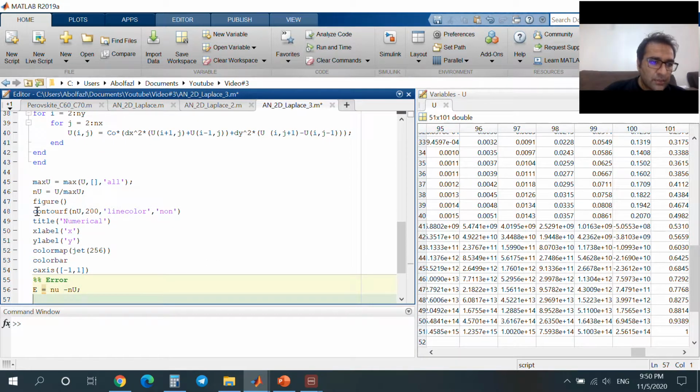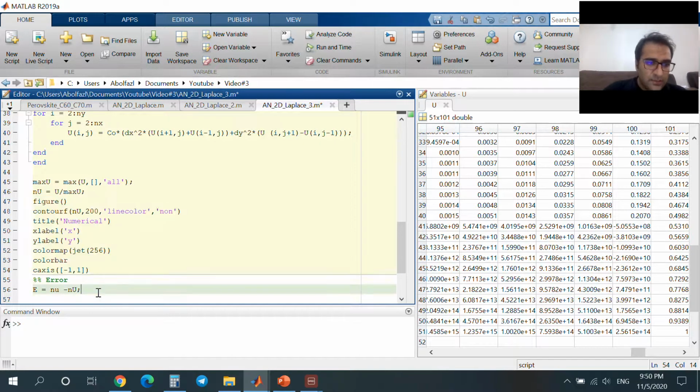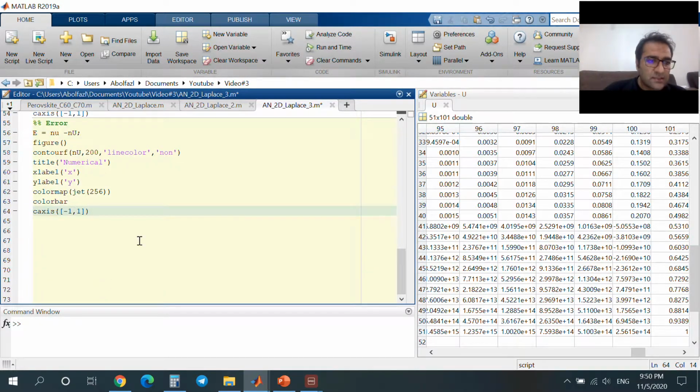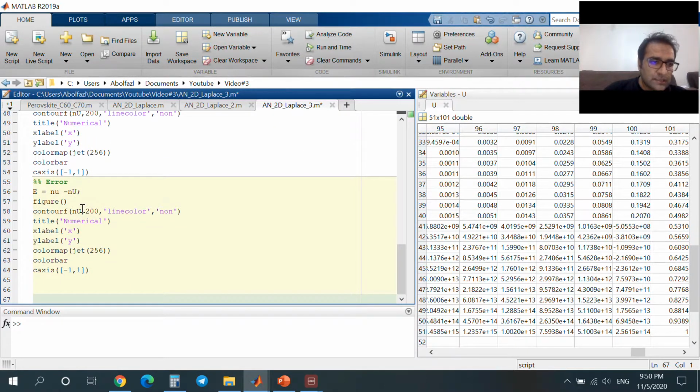This is my error, and I'm using again the same commands for plot. I copy it and paste it here, right? Okay, and here should be E, and the title should be error, right? Let's see how much is the error.